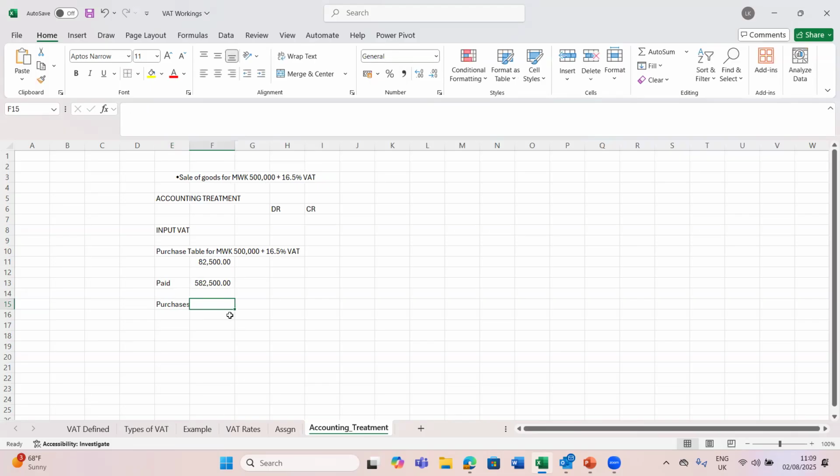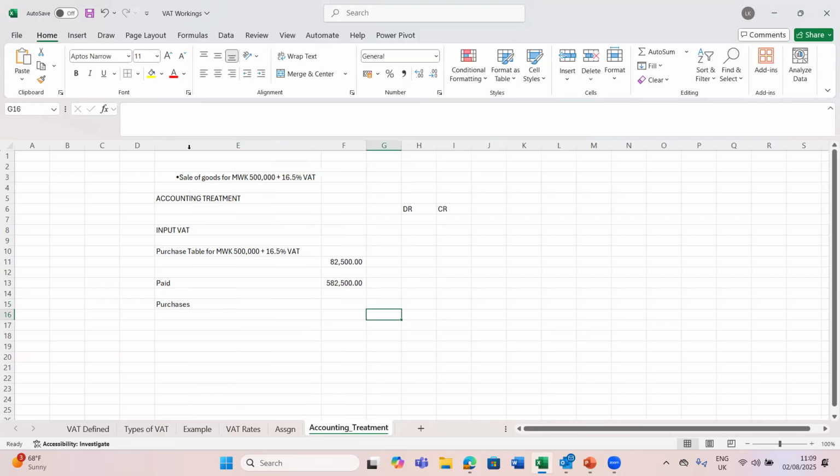How much are we debiting? So we will debit to purchases only the amount before VAT, right?